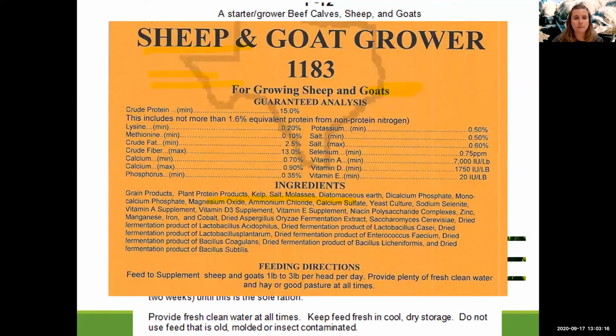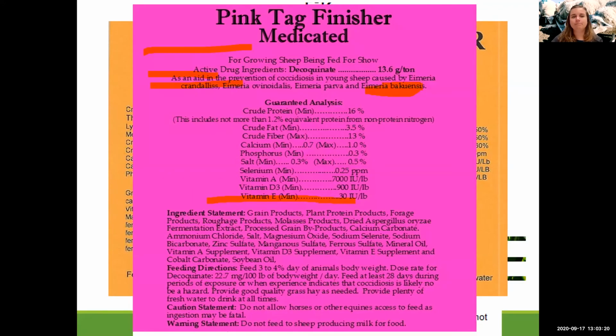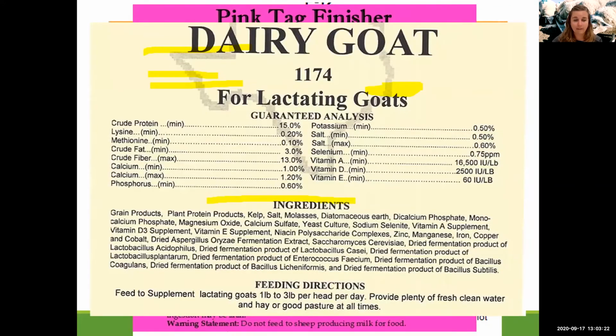Okay, so a sheep and goat grower, same thing. Finisher and a lactating tag I found. I didn't find one specific for flushing or for gestating, but I would recommend, while these have the minimum values on it, if you wanted to go ahead and test those, you could run the F10 test.